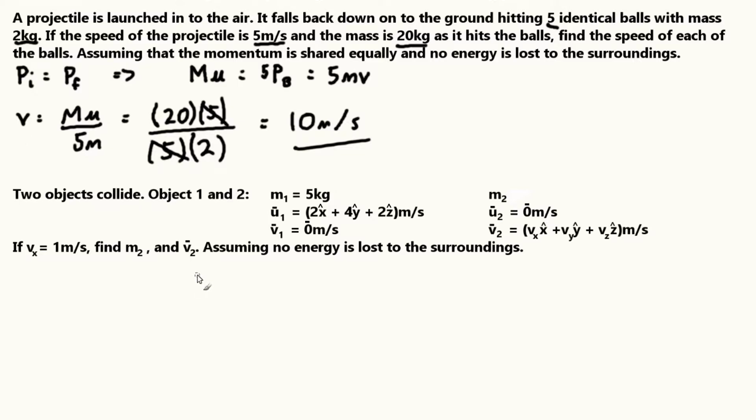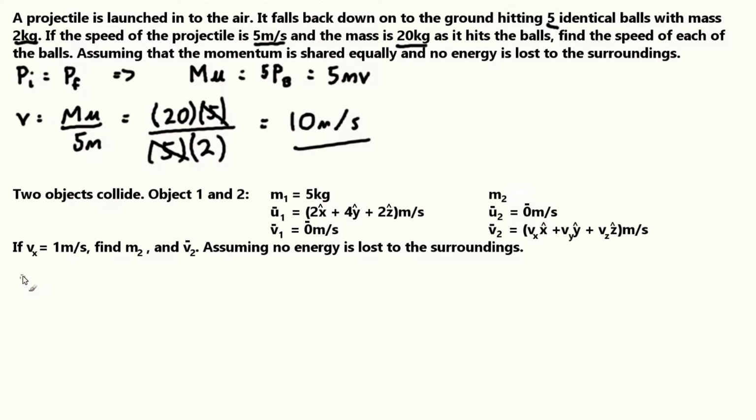Secondly, we have another example in which no energy is lost to the surroundings, and now we are working with vectors. We can see that two objects collide, object 1 and object 2, and we need to find m2 and v2.